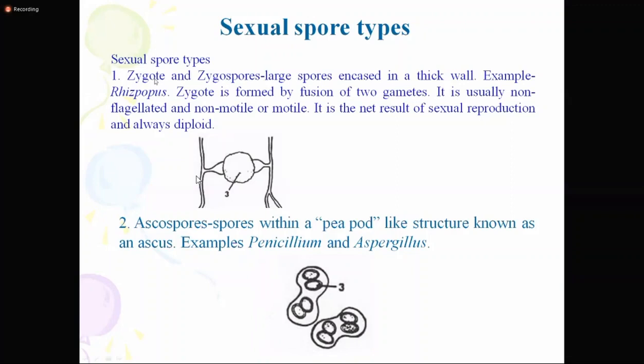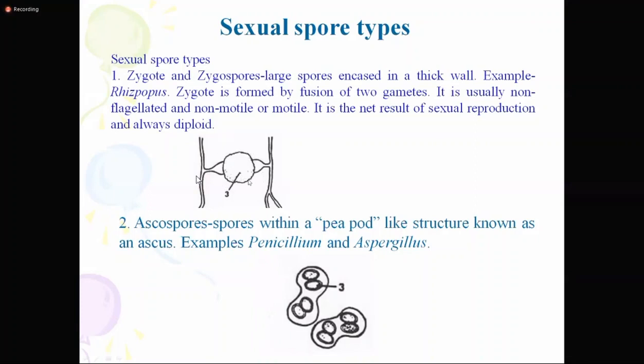It is formed from the gamete. I will tell you what is gamete. In asexual case, we call them spore, but in case of sexual, we call them gamete. So when two gametes have affinity, they come together and prepare a spore.